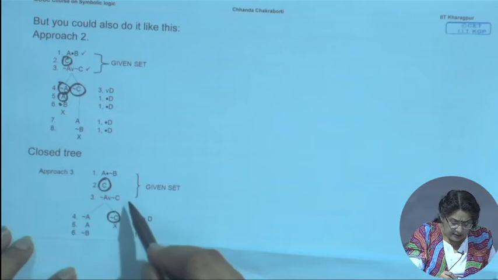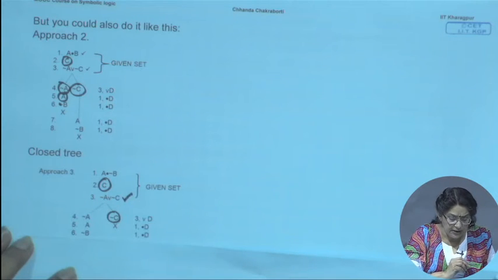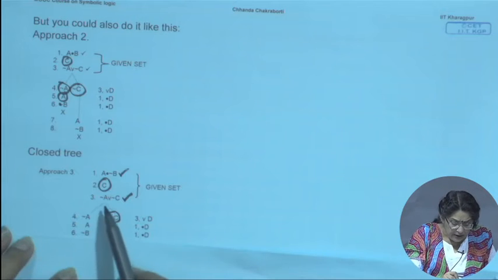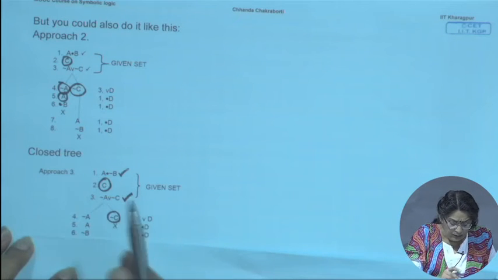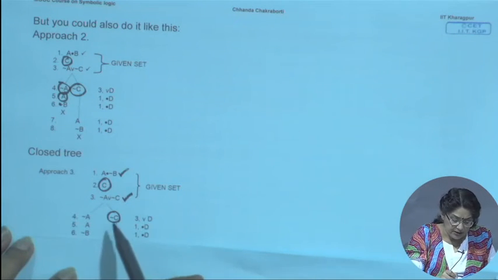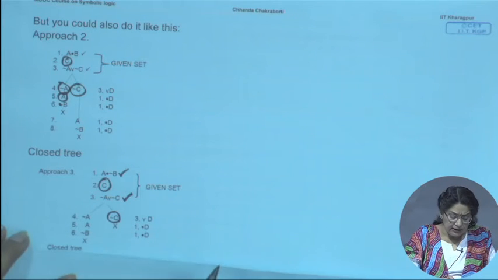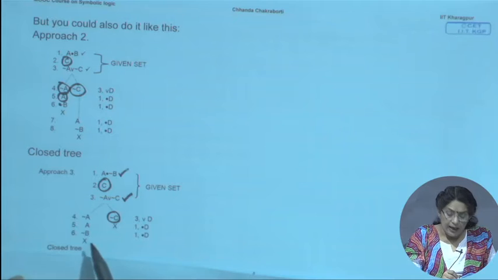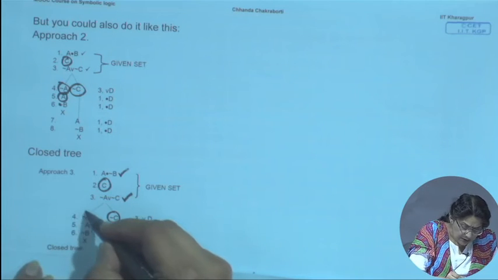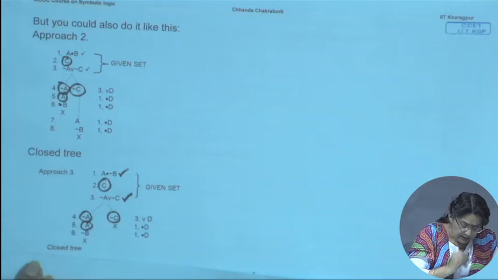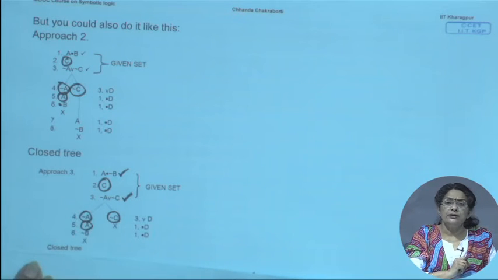See, this is line number 3, we need to put a tick here, and this is line number 1. But when you have done line number 3 and one side has closed down because there is C and tilde C, then you write the result only on the left hand side, and the left hand side again gives you the same reason to close it down, and it is a closed tree.